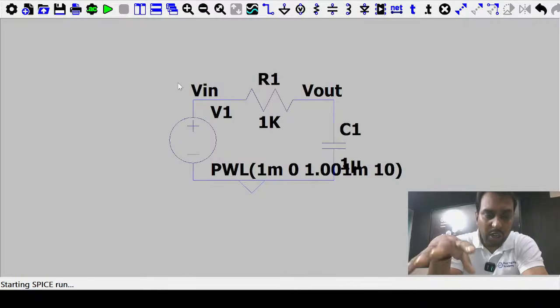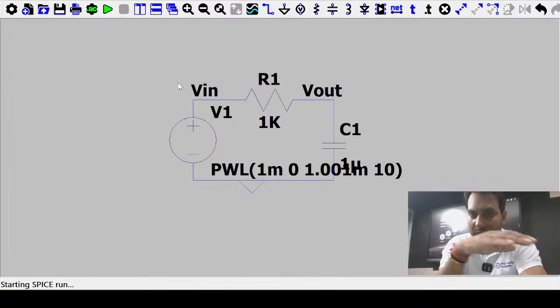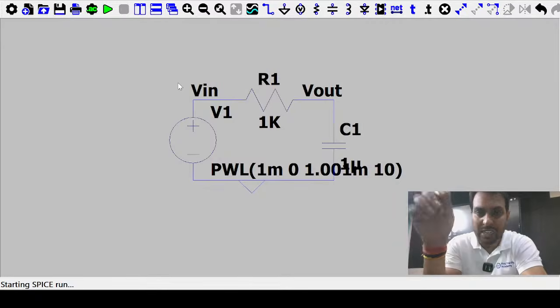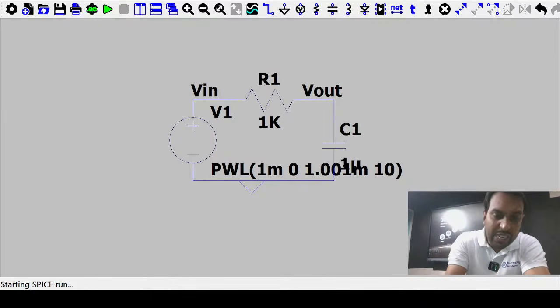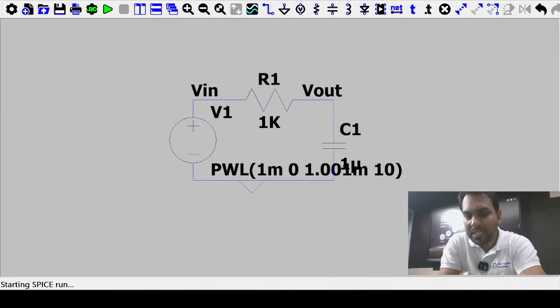For now, I am just going for transient, because the input is in transient, so I am focusing on what is happening with respect to time. The stop time, let us say, is 10 millisecond. Why am I taking 10 millisecond? Because until 1 millisecond the input is 0.